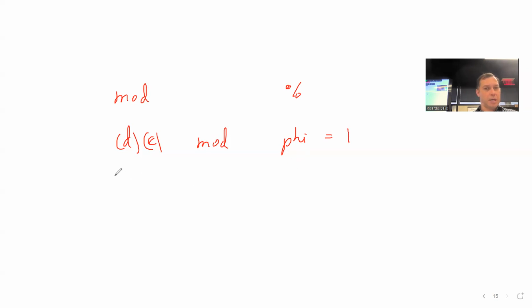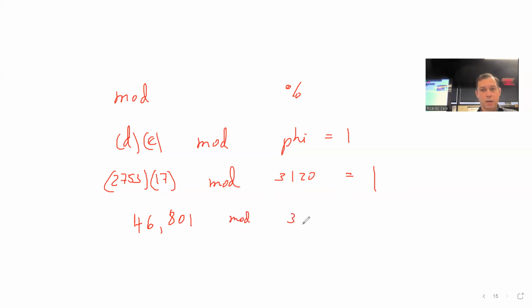That effectively became 2753 times 17 mod 3120 equals 1. So we do the multiplication: 2,753 times 17 should be equal to 46,801. And then mod 3120 equals 1.